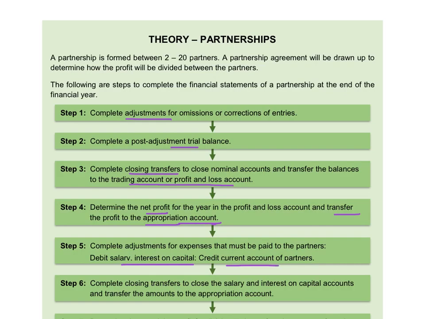So that's very important with partnerships. Any expenses that must be paid to the partners will not be recorded in accrued expenses. It will be recorded on the credit side of the current account of the partner, so that we can determine at the end of the year what is the total amount that the partners are entitled to.